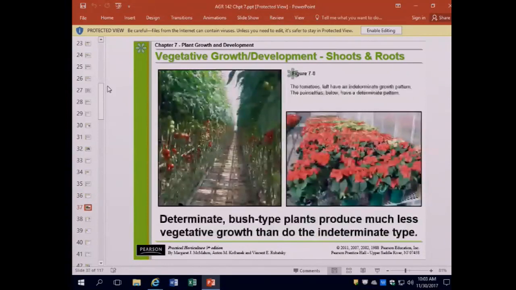A lot of tomatoes are being grown in greenhouses now, and I have an opportunity to get an awful lot of hydroponic tomatoes to take to my market. Most of those right now are coming out of Canada, and they are a product of an indeterminate type of production.